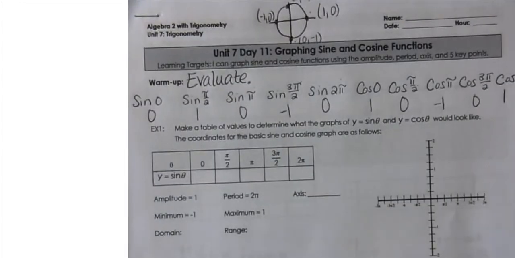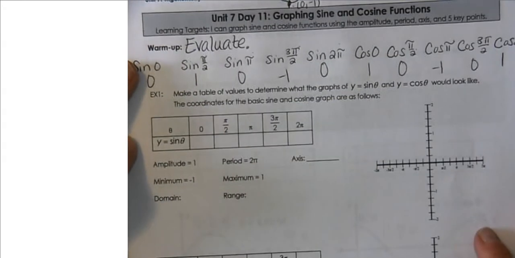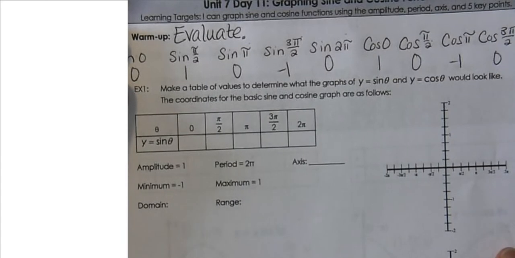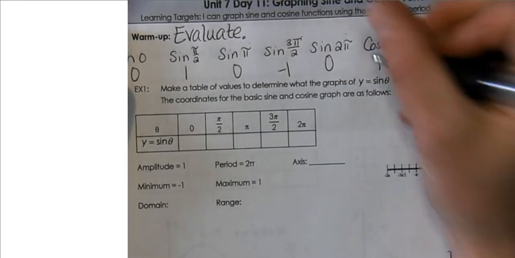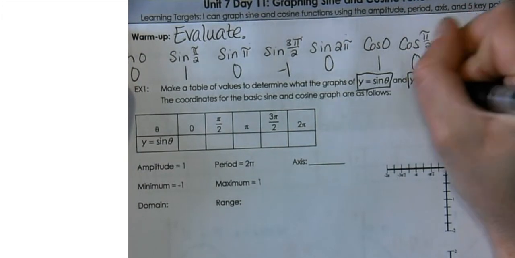each of these functions at our quadrantal angles, because these values are what we're going to use in example number 1. Example number 1 asks us to make a table of values to determine what the graphs of y equals sine of theta and y equals cosine of theta would look like.